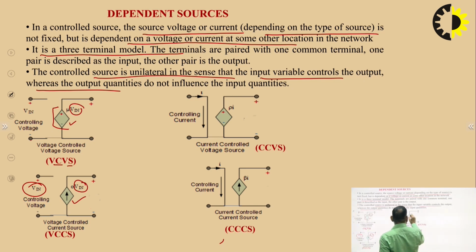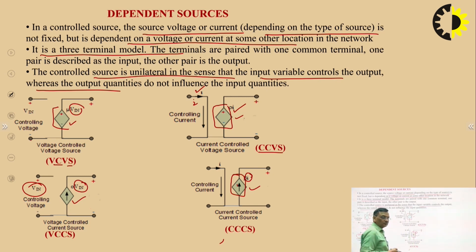Whereas this is a voltage source and the controlling variable is current, the current of this branch, this is I. So this is a current controlled voltage source, and this is a current controlled current source. The controlling variable is current, and the current source has direction, the voltage source has polarity.